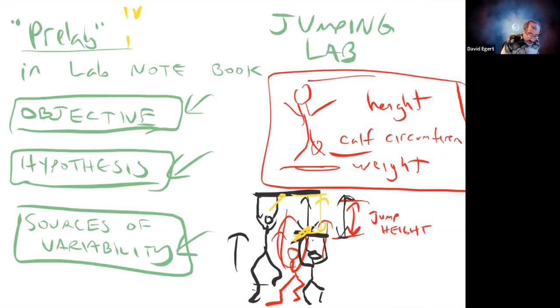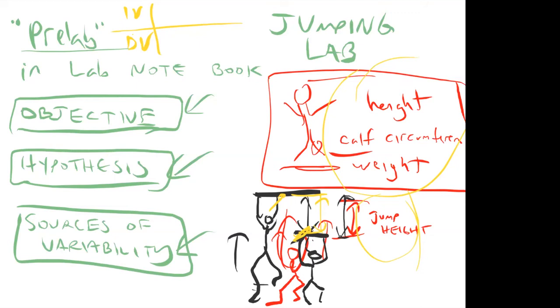So independent variables, dependent variables. Before we get any deeper, what are the independent variables and dependent variables here? We want to see if any of these things can influence how high they can jump. Weight, height, and calf circumference are going to be what? The independent variables. Exactly.